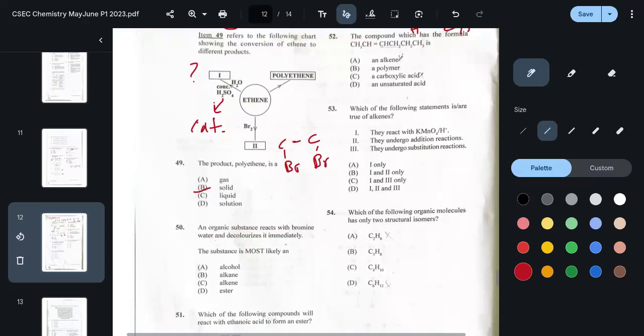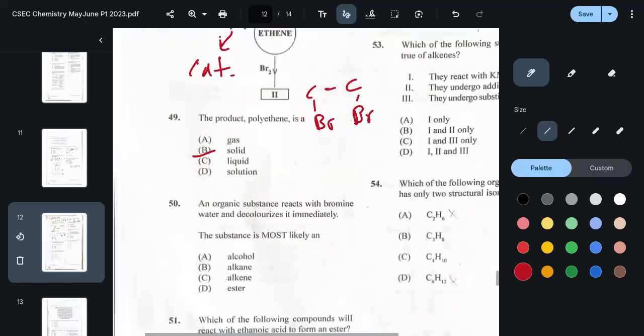If you remember your organic chemistry reactions, you should know that we did not do any reactions of alcohol with bromine, and we did not do any reactions of ester with bromine. So you see, when you study the reactions, it makes it easier for you. Once I see bromine water, I know that it can't be alcohol, it can't be an ester. So it's between alkane and alkene.